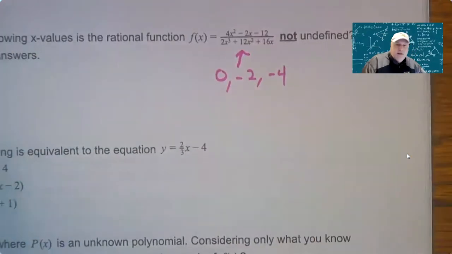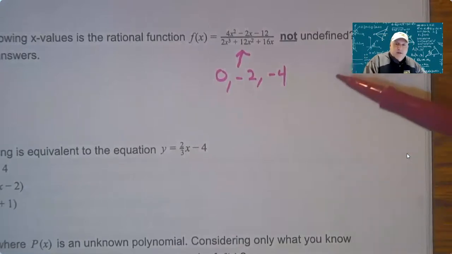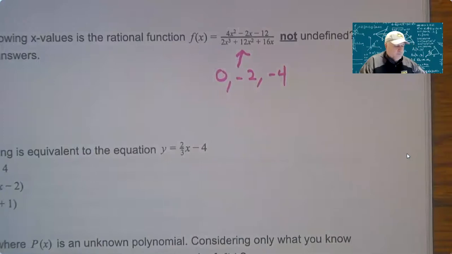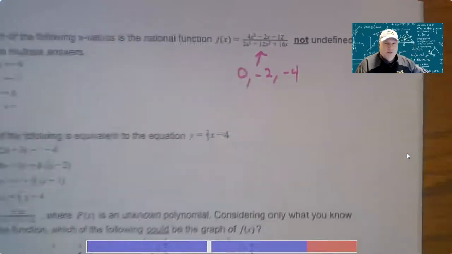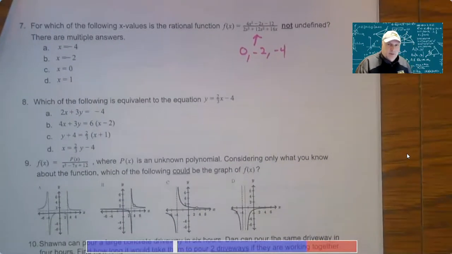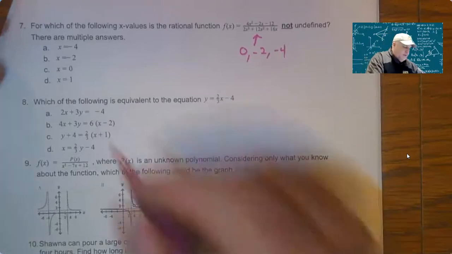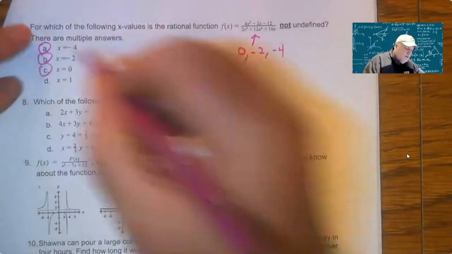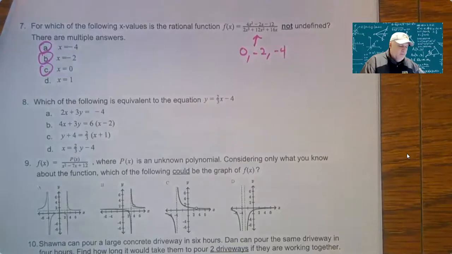So what you would find there are our vertical asymptotes. So whatever puts a 0 in the denominator is a vertical asymptote. Okay, so -4, -2, and 0. A, B, and C.